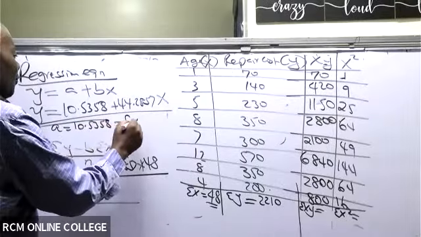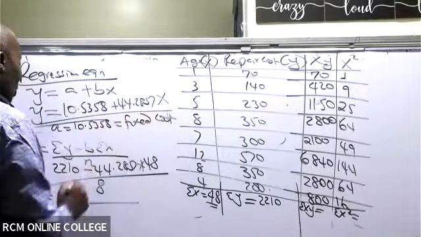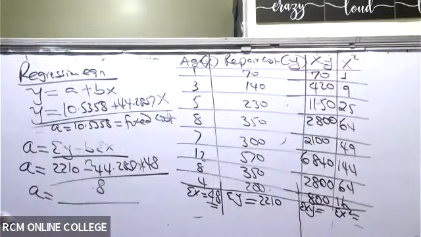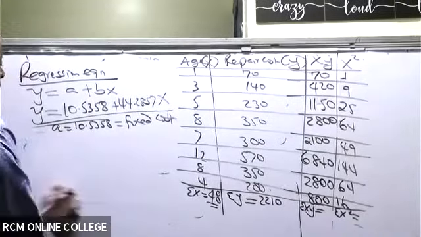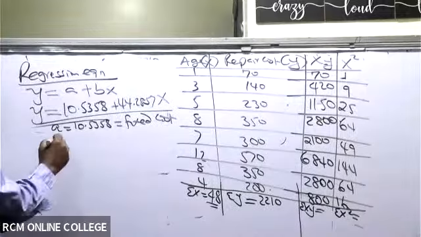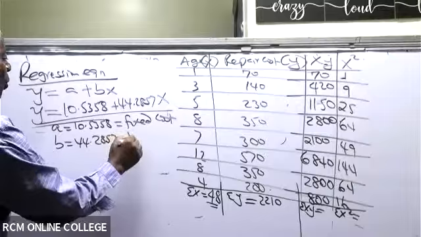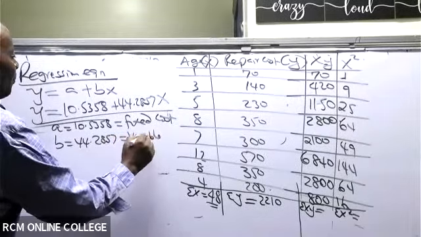So A is 10.5358, which is the fixed cost. And then of course we have B, which is 44.2857, which is the variable cost.